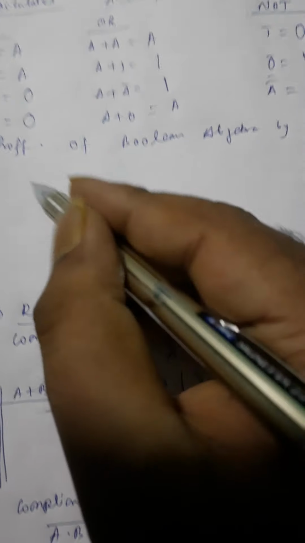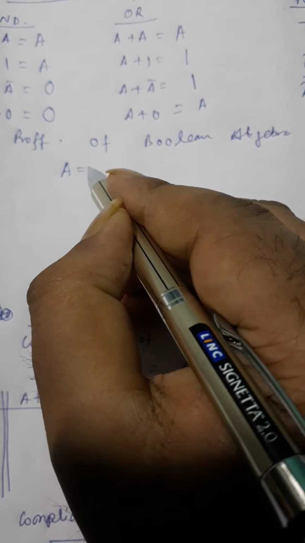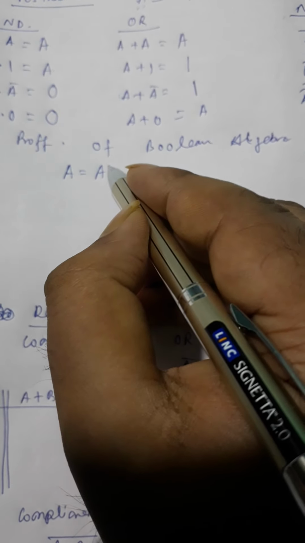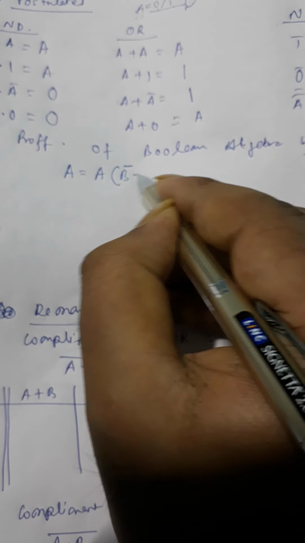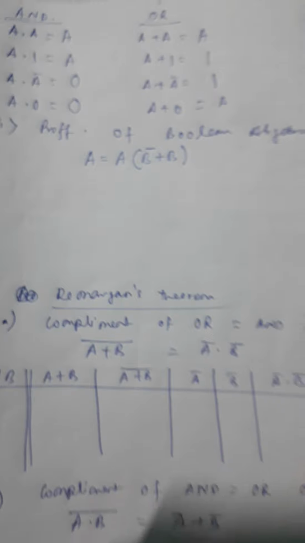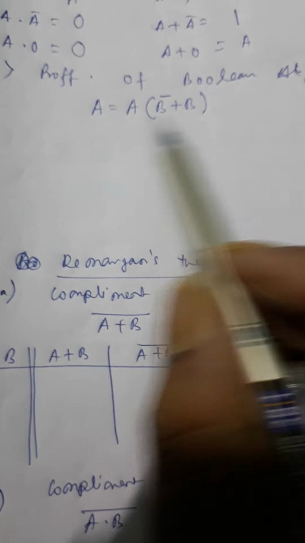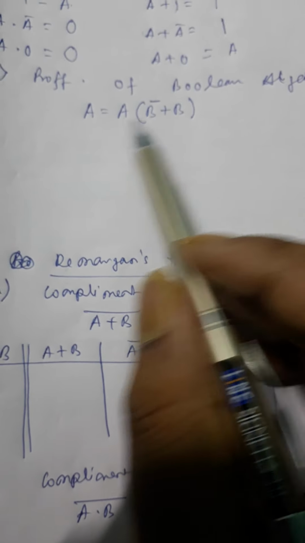Fine. So suppose one law is given, A is equal to A into B bar plus B. Now, whether it is right or wrong, it has to be proved by truth table. Fine.